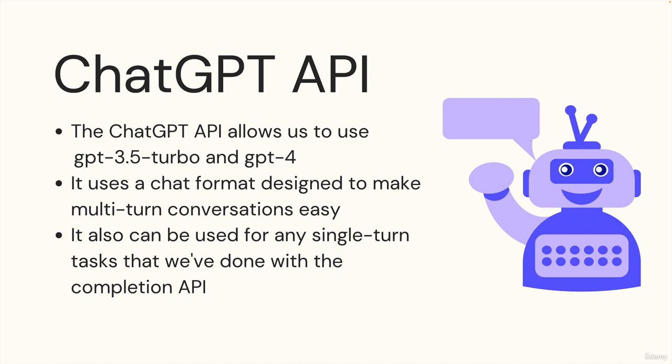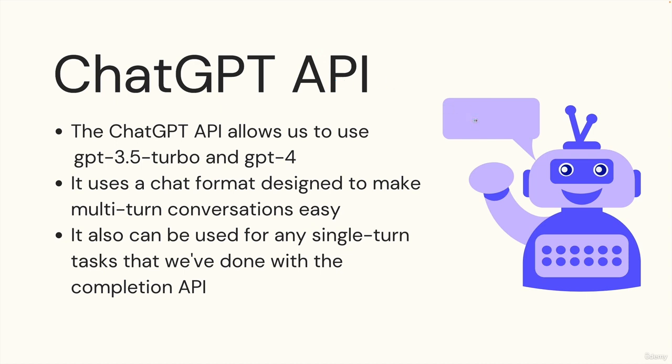You can use it to do that, but you can also use it for any single-turn tasks, anything we've done so far. Translation, text generation, write me a poem, tell me a joke, make me a color palette. Also, sentiment analysis, any of the applications we've seen so far with the completion API, where we just pass in a prompt and a model and we get a response.